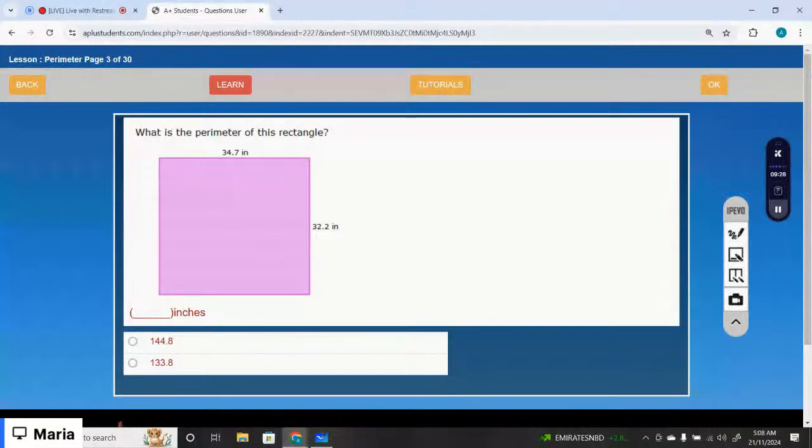The correct option is 133.8. Option number 2 is the correct option.